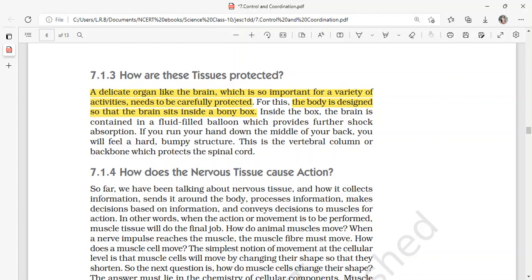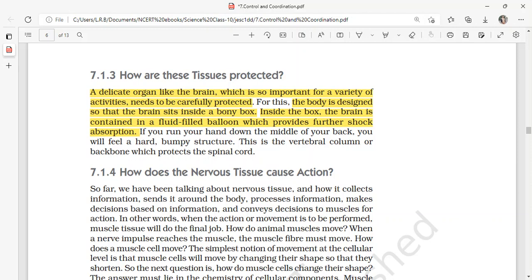Inside the box, the brain is contained in a fluid-filled balloon which provides further shock absorption. To prevent the brain from shock damage, it needs shock absorption, isn't it? Any mechanical pressure or force applied on the skull will be absorbed by these fluid-filled balloons. If you run your hand down the middle of your back, you will feel a hard, bumpy structure.